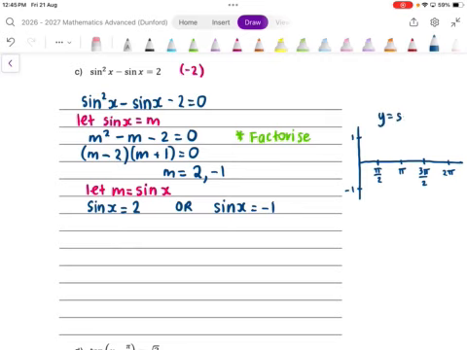Now, when I graph my y equals sine x curve, oh, can sine x equal 2 then? That's the question that we're investigating. What happens if you go shift sine of 2 in your calculator? An error, right?